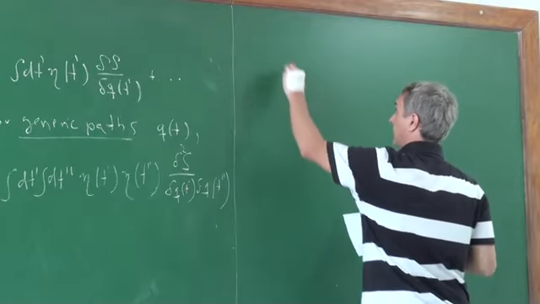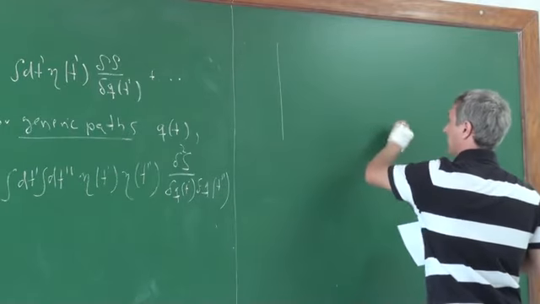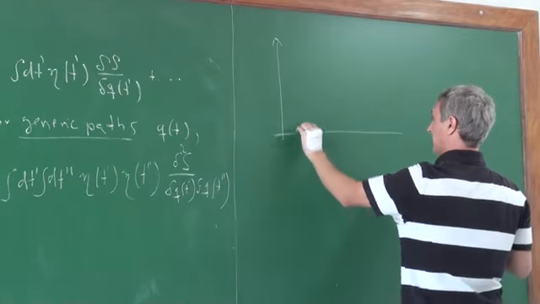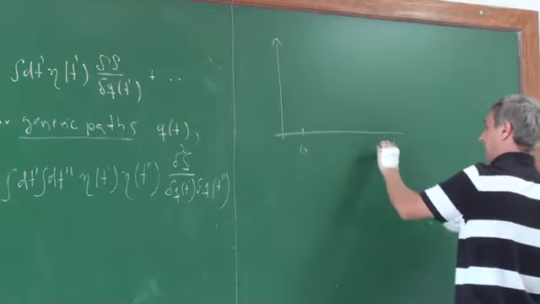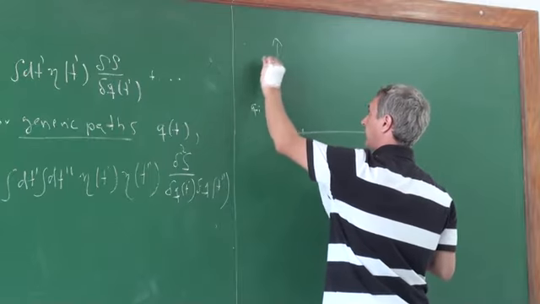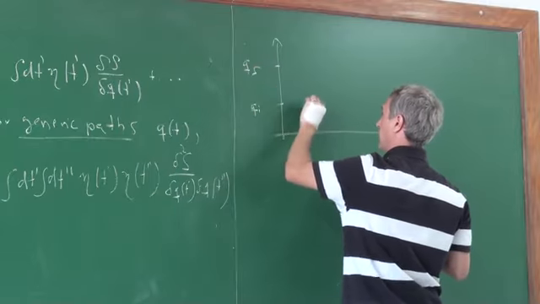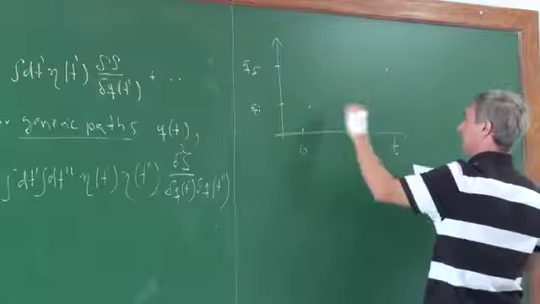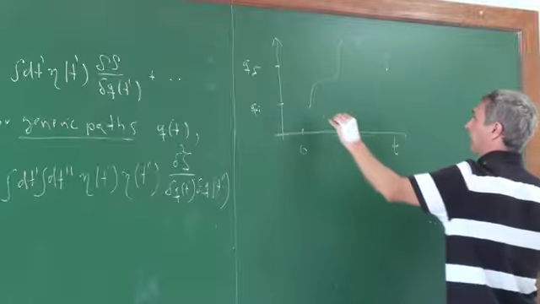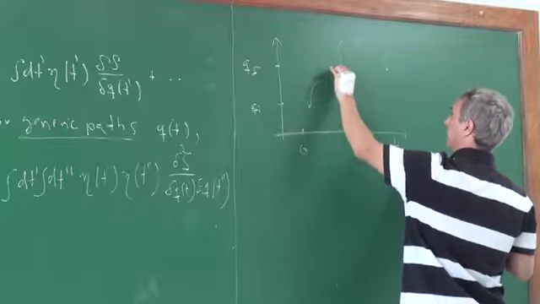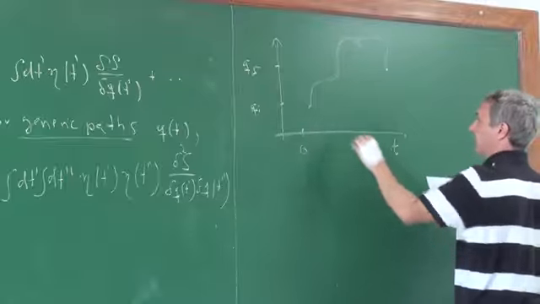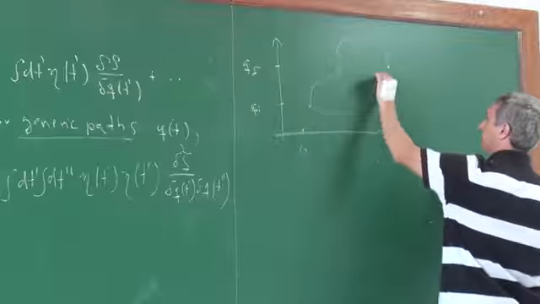So you have here a time axis t, and here your coordinate space, the initial coordinate, and you're interested in the path. Say you have some generic path, and if I take a small neighborhood around it, the action will deviate.